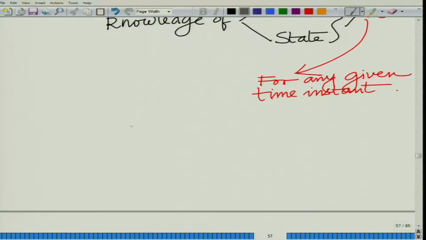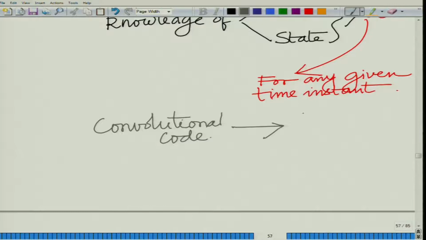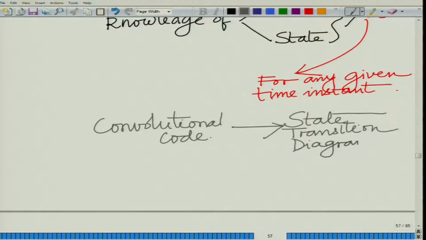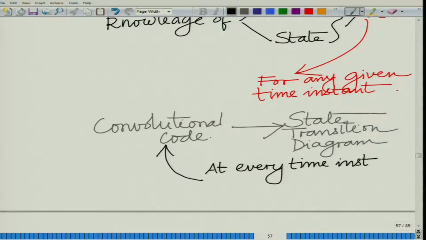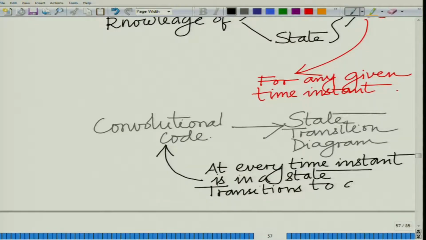So the point here is, if you look at a convolutional code, this is captured by your state transition diagram, because the convolutional code at every time instant, the encoder, is in a state, and it transitions to a different or possibly the same state also.